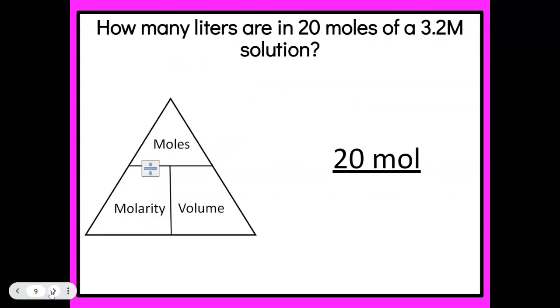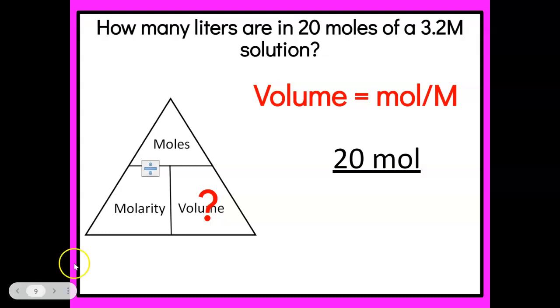All right, so now how many liters are in 20 moles of a 3.2 molar solution? So here it's a little bit different. We've been given our molarity, and we've been given our moles, and we want to know how many liters. And remember, liters is a volume unit, so we're solving for volume.